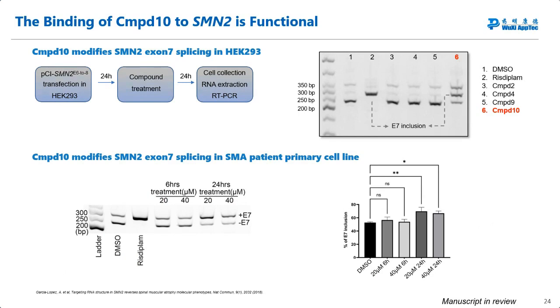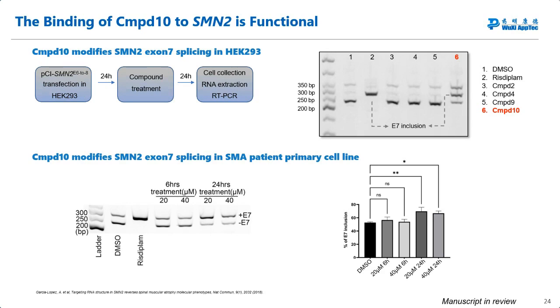But is this binding functional? To answer this question, we employed cell models to test whether compound 10 can regulate SMN2 splicing by rescuing SMN2 exon 7. We first conducted an SMN2 mini-gene expression experiment by doing mini-gene transient transfection in HEK293 cells.